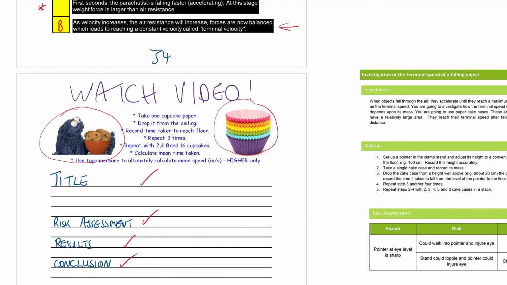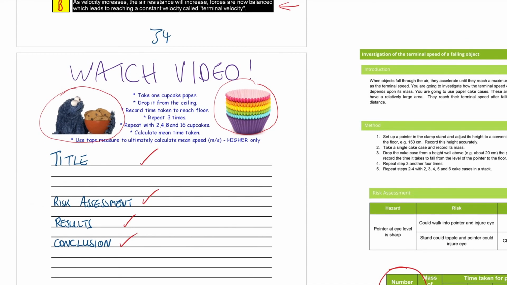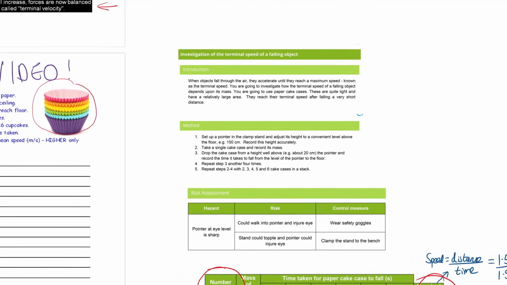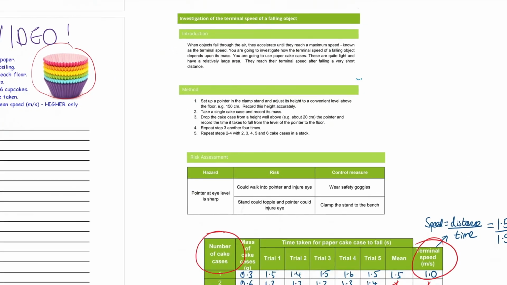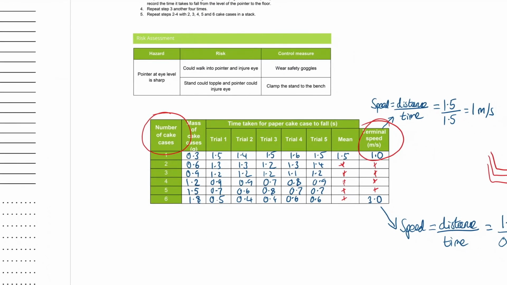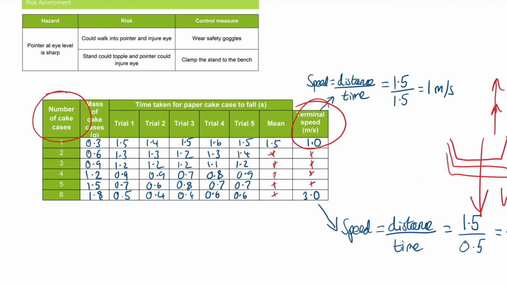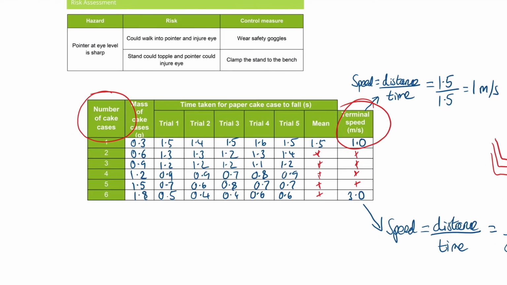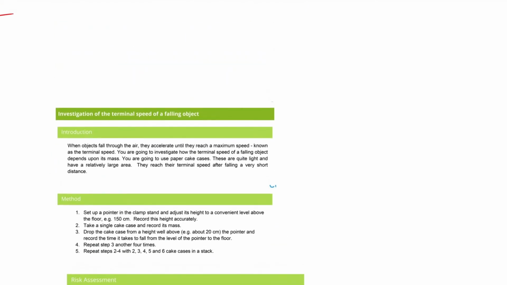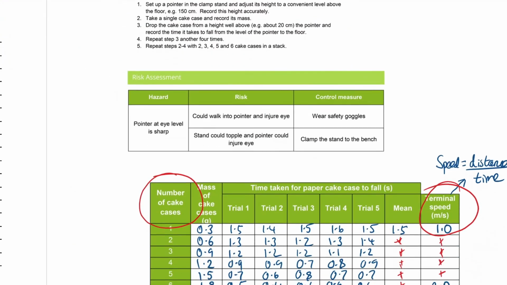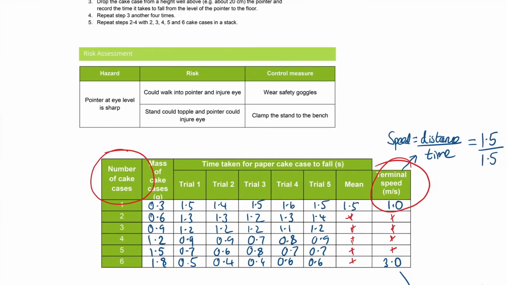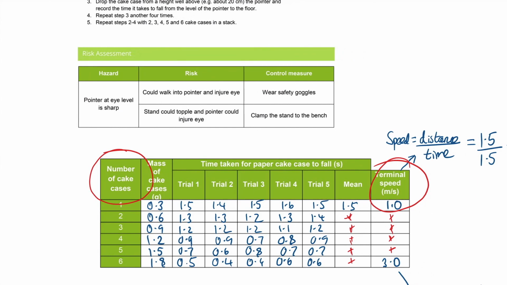And then what you need to do is use this results table underneath here to make your conclusion. And when you make your conclusion, always go back to the independent and dependent variable. And the independent and dependent variable can be found on the table.